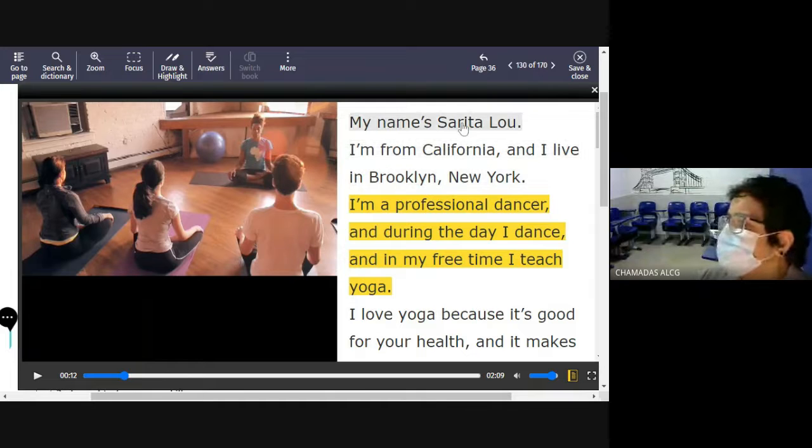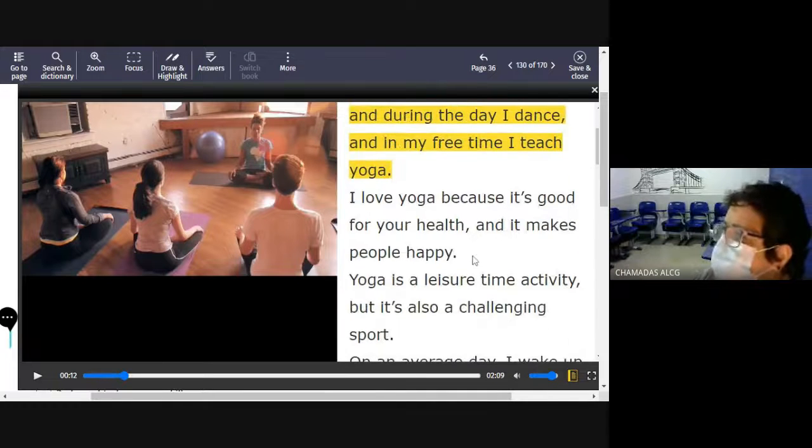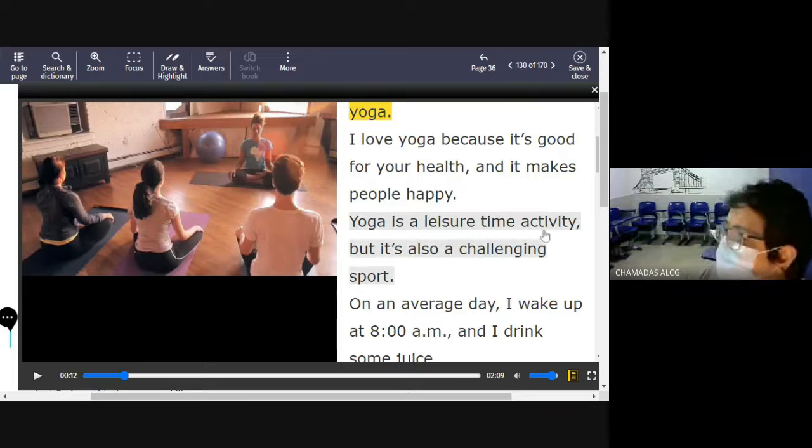So she says here, my name is Sarita Lowe. I'm from California and I live in Brooklyn, New York. I'm a professional dancer, and during the day I dance, and in my free time I teach yoga. I love yoga because it's good for your health and it makes people happy. Yoga is a leisure time activity, but it's also a challenging sport.